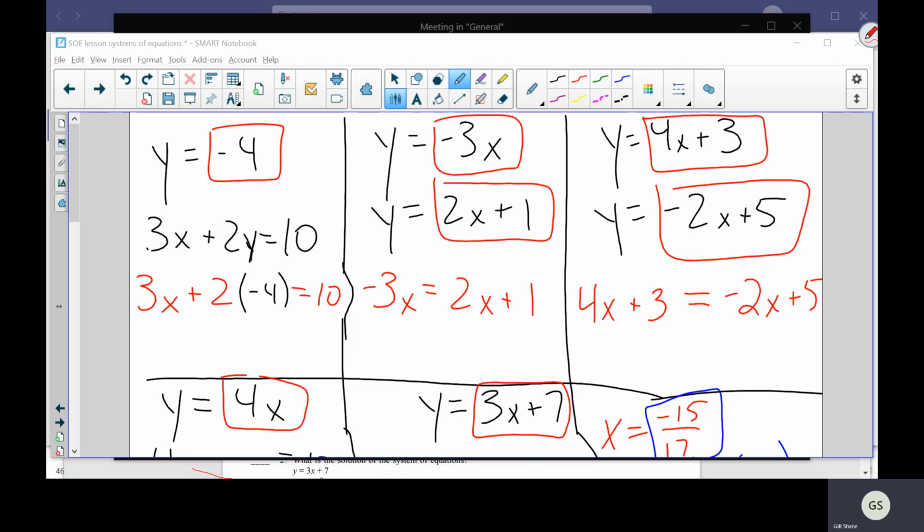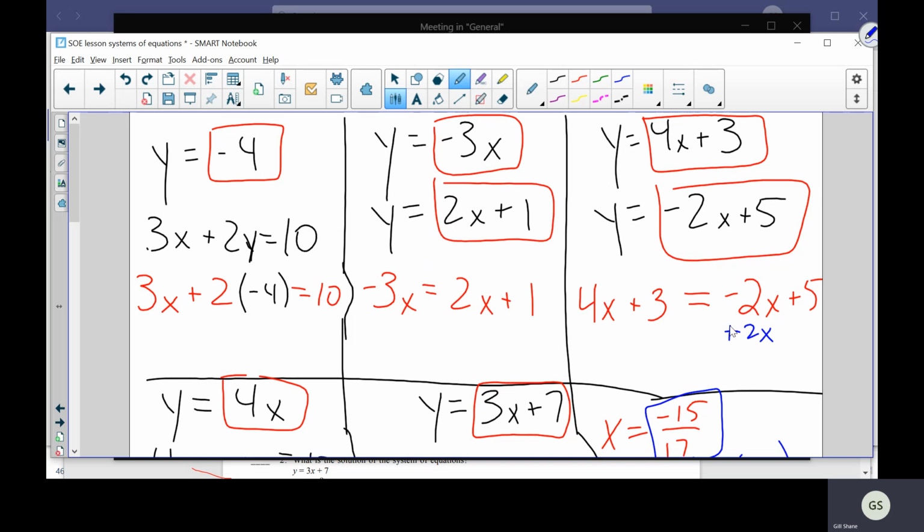Like if you have this right here or this right here, I need to get the variables off the right. So here I need to get rid of the negative 2x. Here I need to get rid of the positive 2x. My first step over here would be the opposite, to cancel them out, plus 2x.